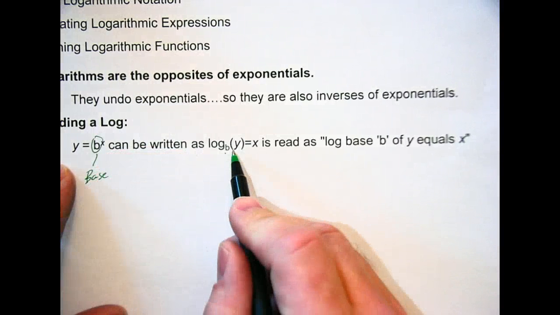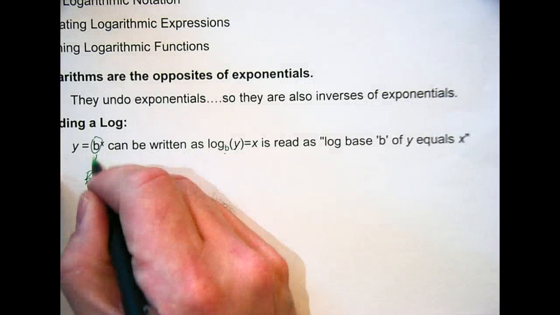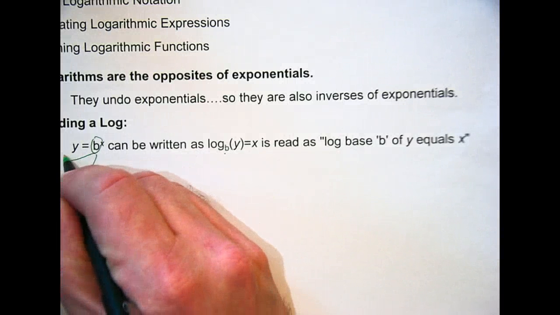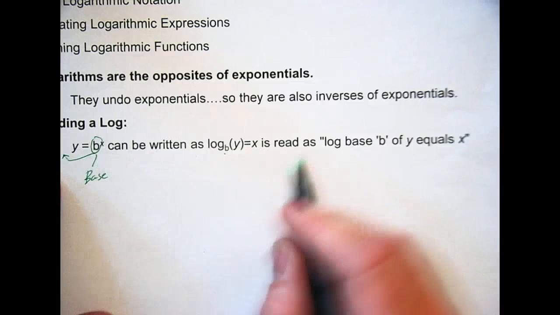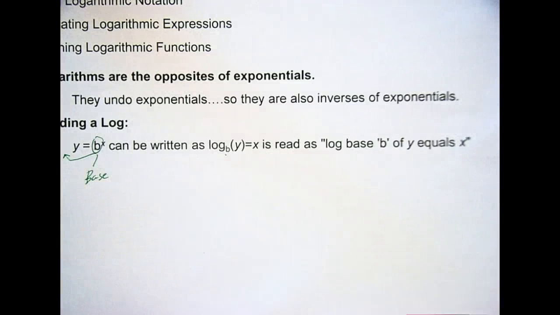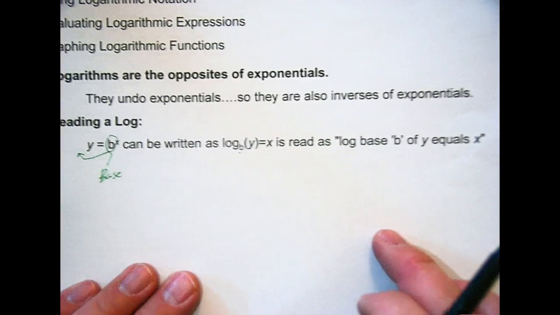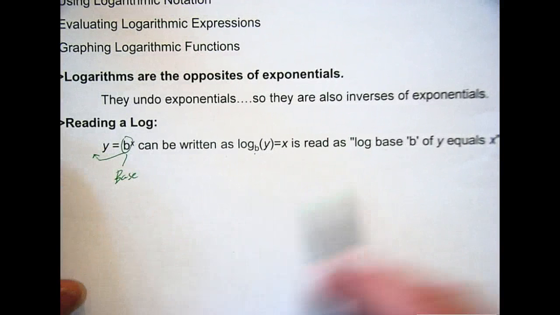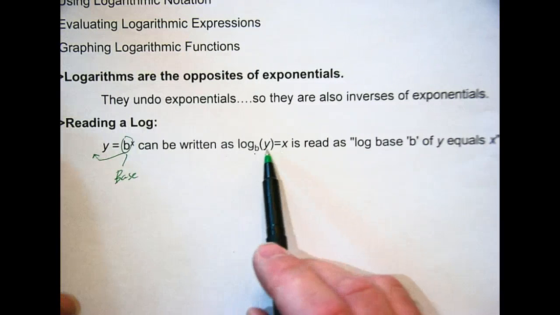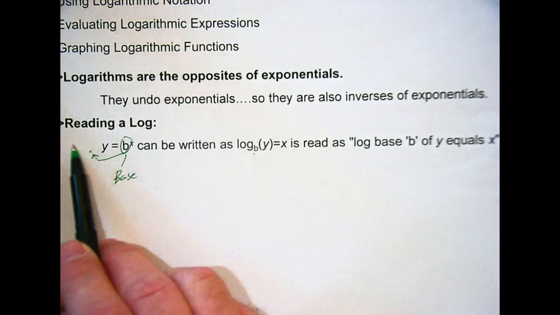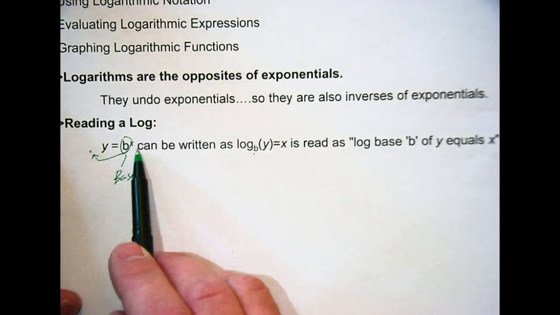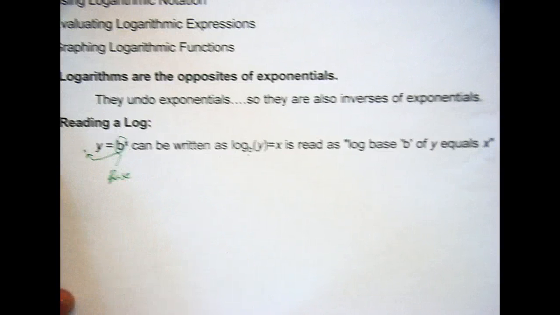Okay, log base b of y, and then the x becomes big. That's kind of the typical movement. Now, that wasn't a big mathematical explanation, but the base moves over, becomes log base b of that equals that. Okay? All right, so why do we need logs?